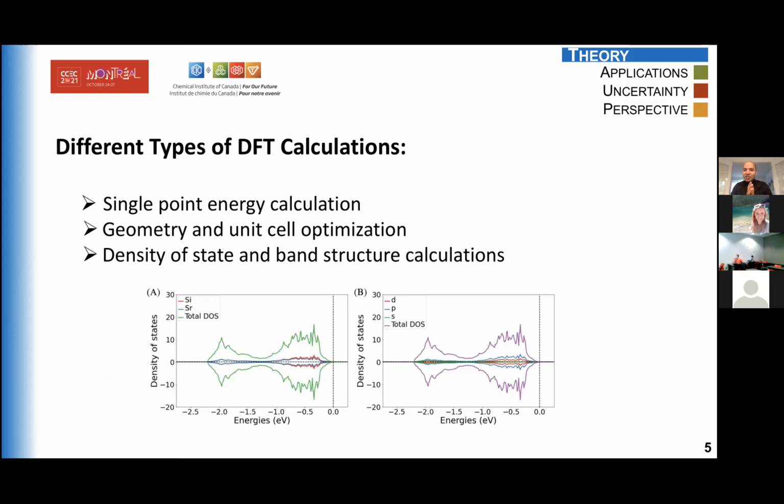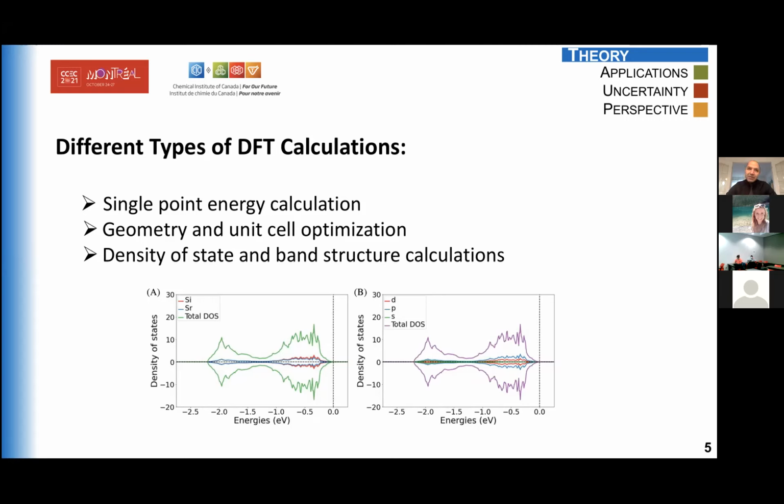It doesn't matter if that geometry is a real geometry or far from real, and then we just ask it to calculate the energy for that system. This is the basic thing, and I would say the most important thing that DFT does for us. So you can give, let's say, a crystal or a unit cell whose lattice parameters are not even accurate, and then calculate the energy for that. This can be done easily through DFT.